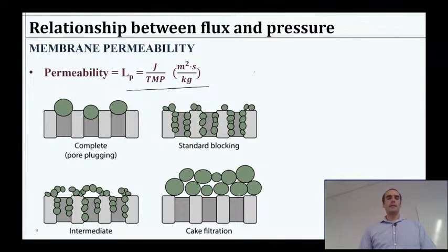And that's very like saying what we just said. If we notice, previously we had J is equal to TMP over the resistance times the viscosity. So in some sense, what we've done is we've inverted those two pieces.